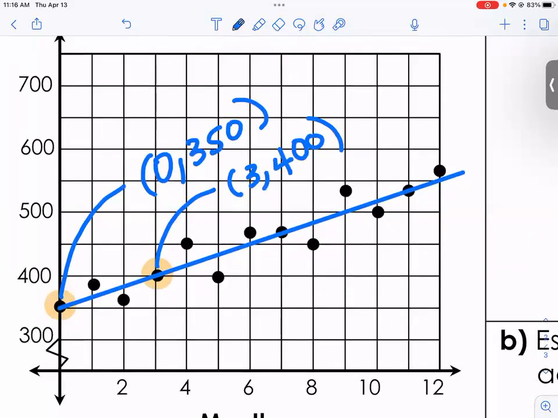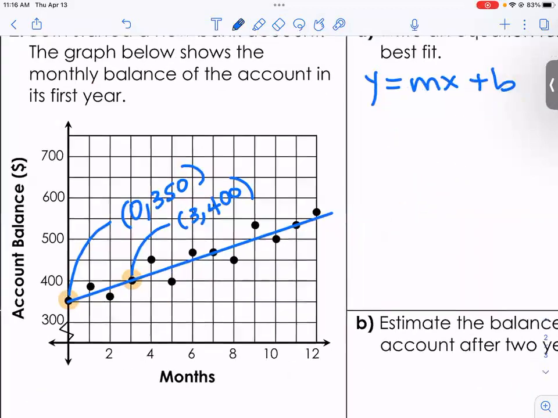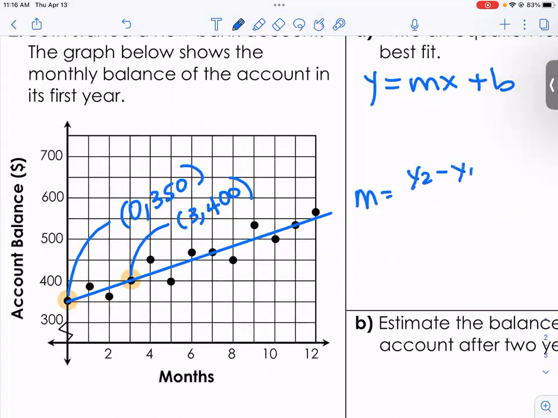You need to do the slope formula, y2 minus y1 over x2 minus x1. So 50 over 3. We forgot about that one. You went up 1 over 3.